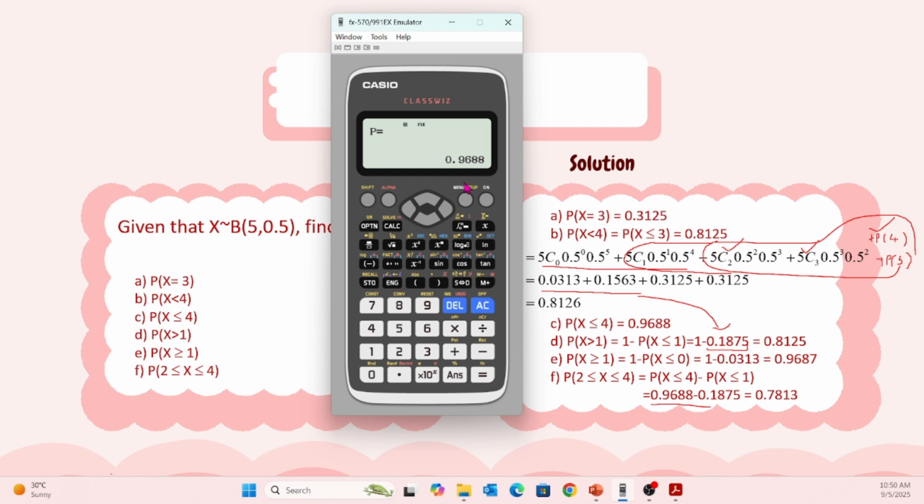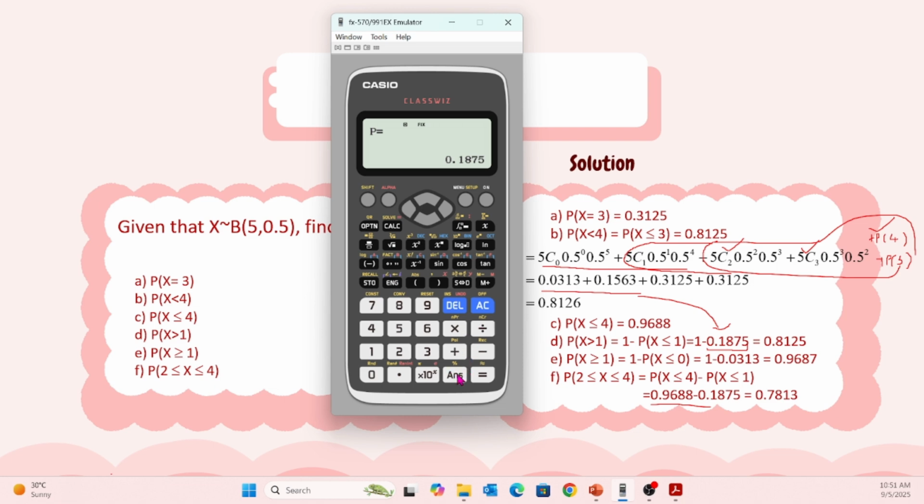And then let's say if you do it in one go, store this value to A. And then now minus the probability of x less than or equal to 1. You put 1 here, so you get 0.1875. Probability of x less than or equal to 1 means probability of x equals 0 plus probability of x equals 1.